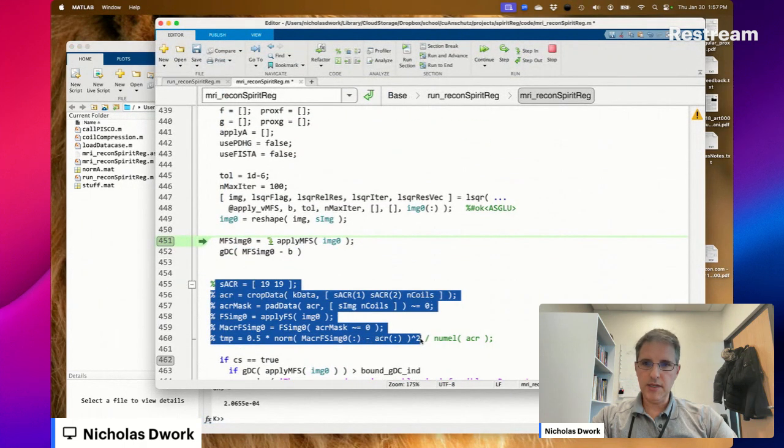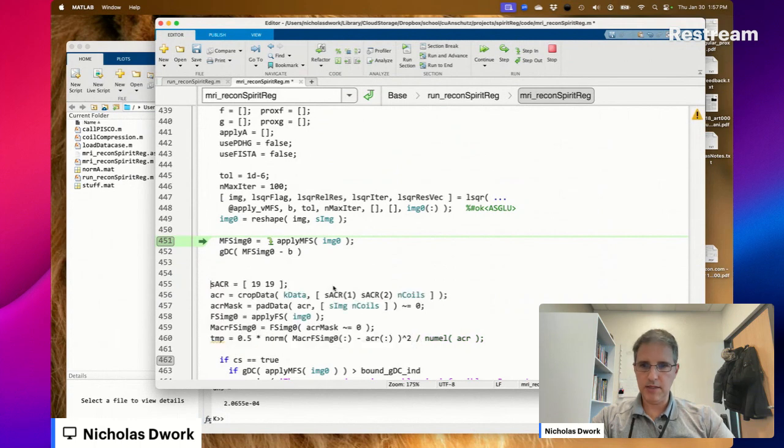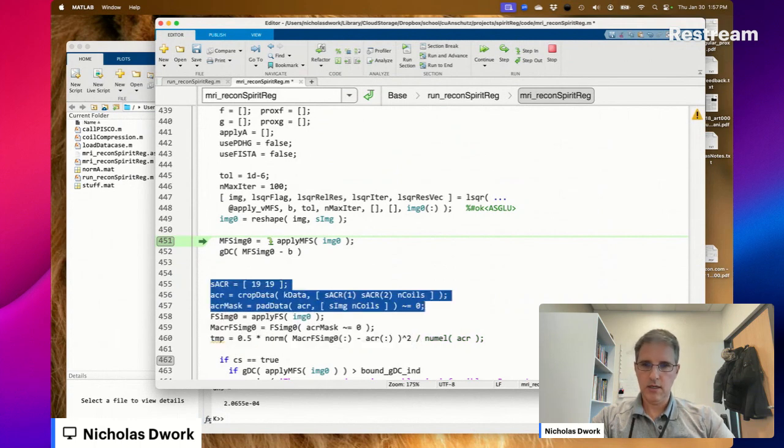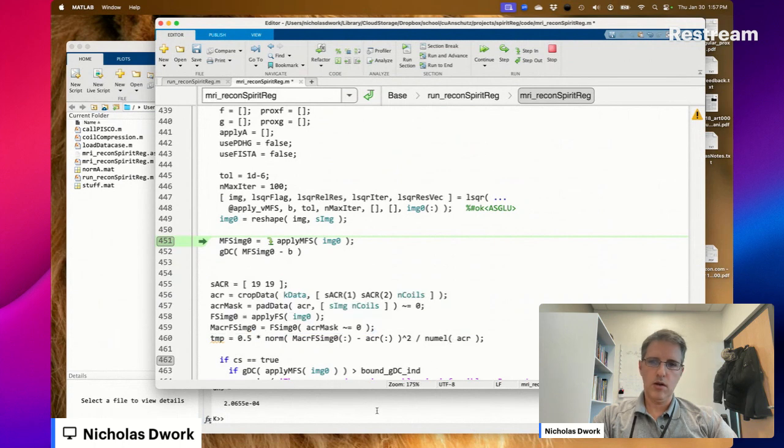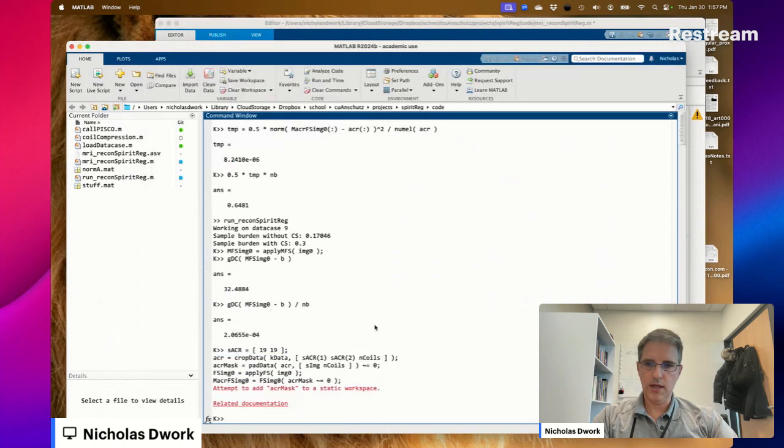So here was me doing the similar thing with the auto-calibration region. Oh, wait, that's right. Okay.